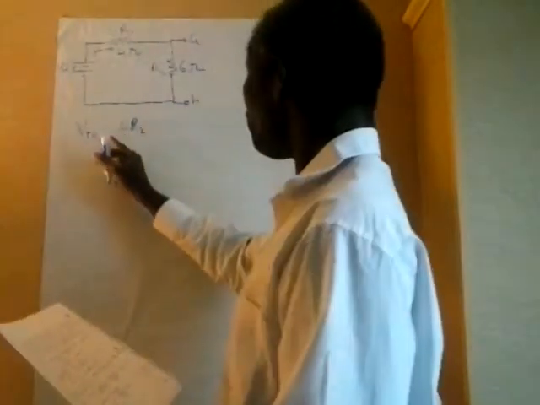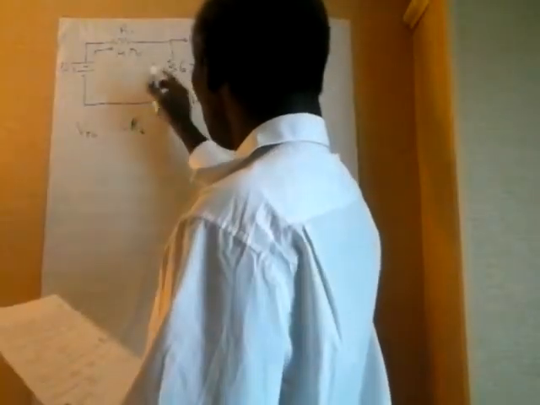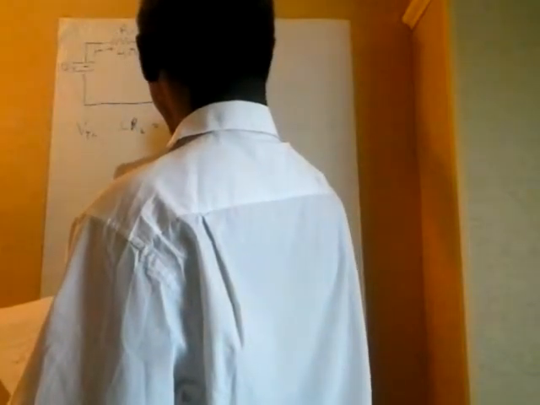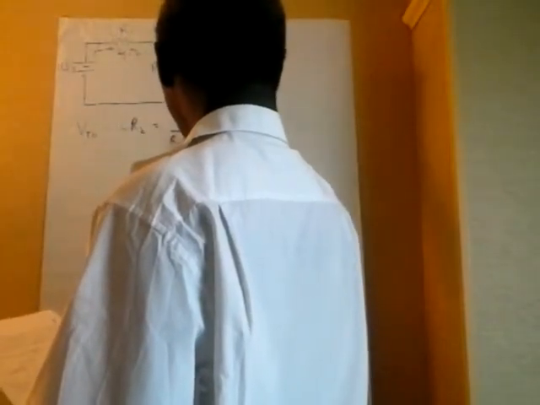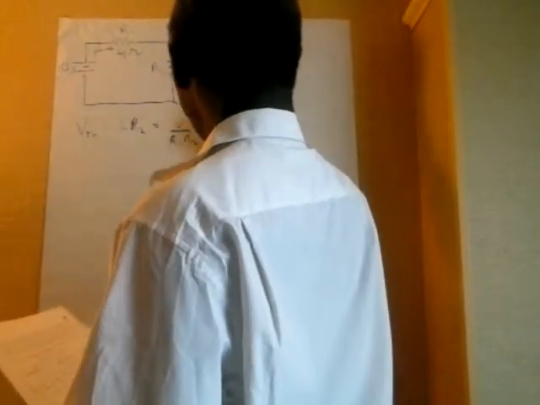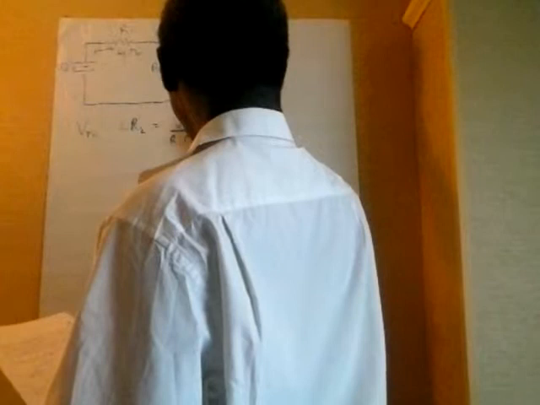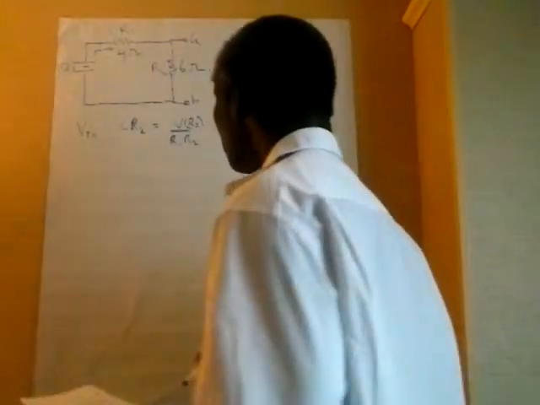But I itself is equal to V over R, which is V over the equivalent resistance. So I would be equal to V, which is 10 volts, over R1 plus R2. And we multiply that I by R2, and that would give us the Thevenin voltage.